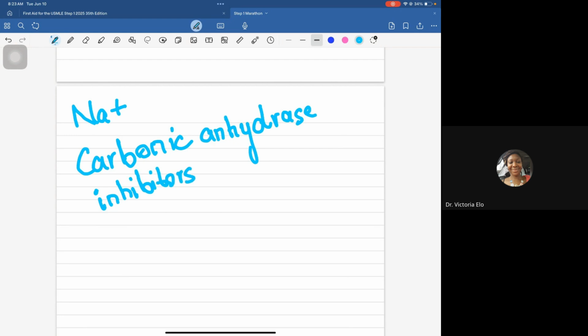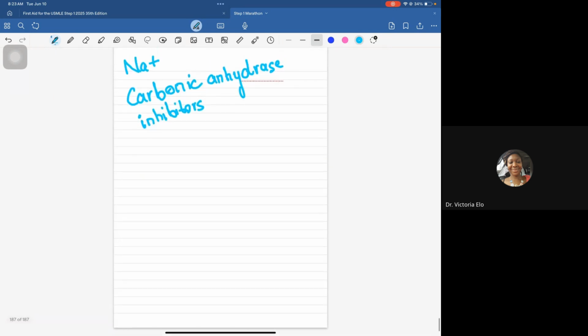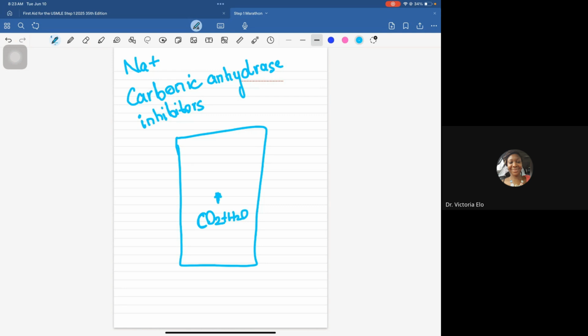So we have a thing known as the carbonic anhydrase inhibitors. Basically, when we look at the proximal convoluted tubule, here we are gonna have CO2 and water. That CO2 and water are gonna form H2CO3, and that is gonna form H positive and bicarbonate ion.